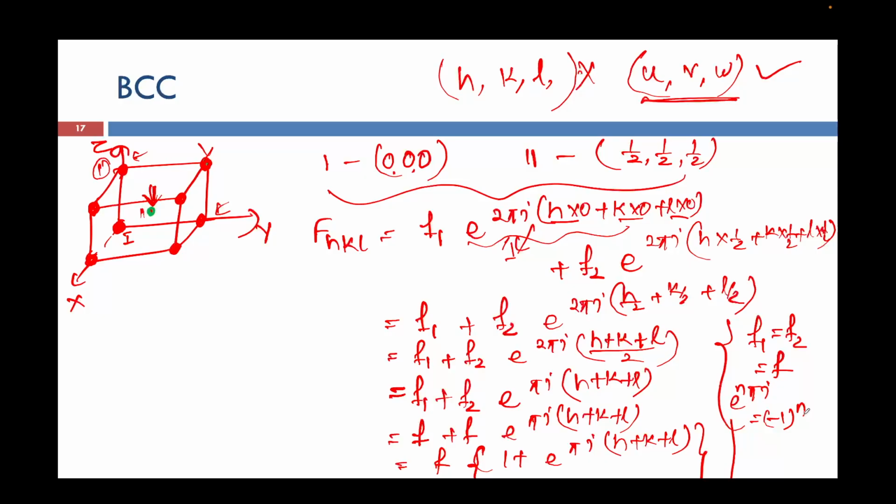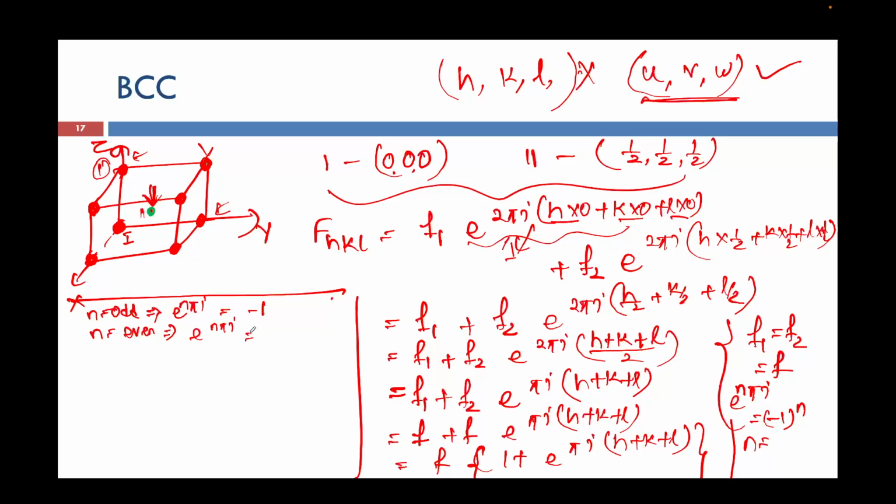So if n is an odd number, e to the power n pi I will be minus 1, right? If n is even, then e to the power n pi I is equal to plus 1. Why? Because minus 1 to the power even is plus 1, right? So this value I will get.